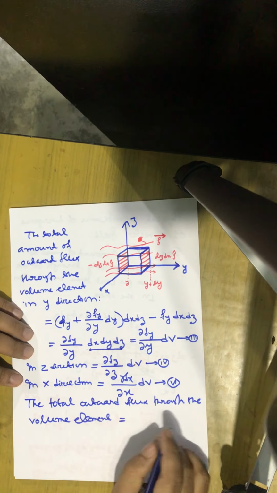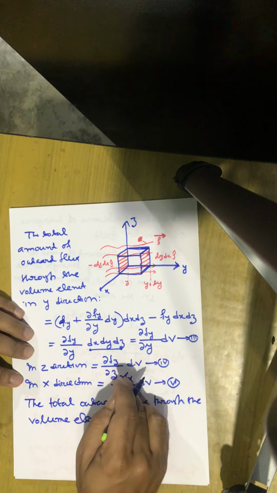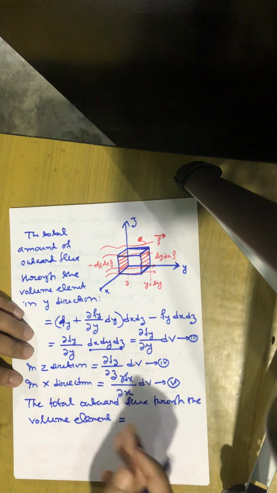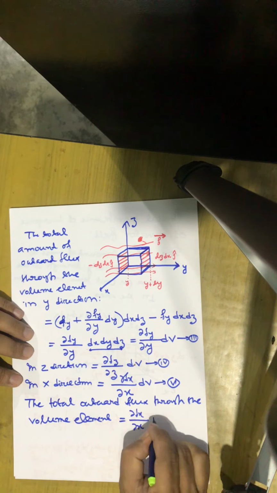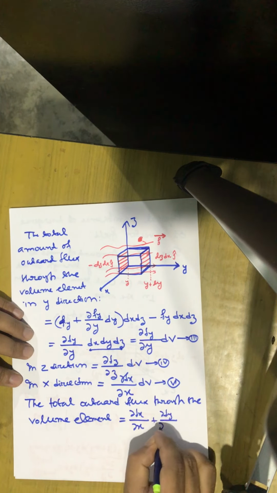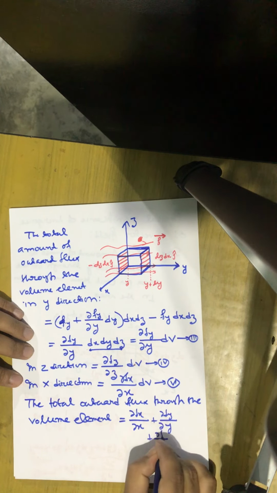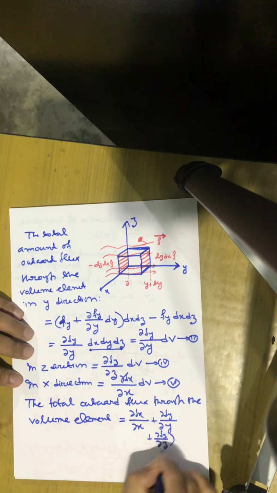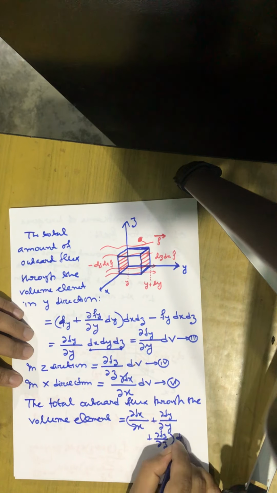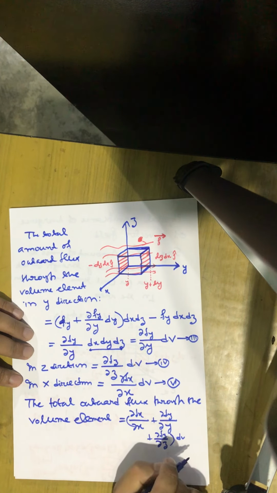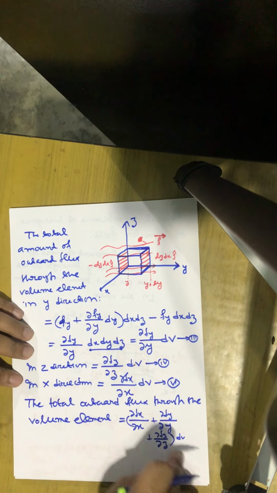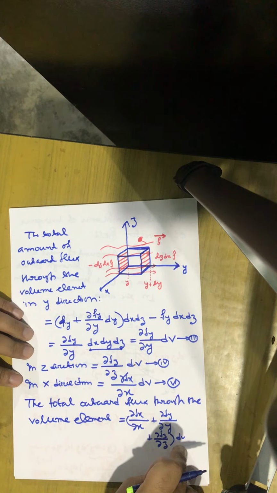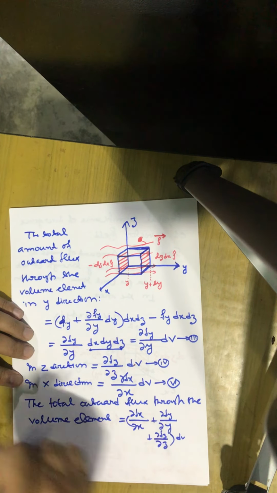You have to just add up these three quantities, in the order x, y and z. So it will be del fx by del x plus del fy by del y plus del fz by del z, into dv, because dx dy dz is nothing but dv. So we have to sum up these three things and multiply by dv.